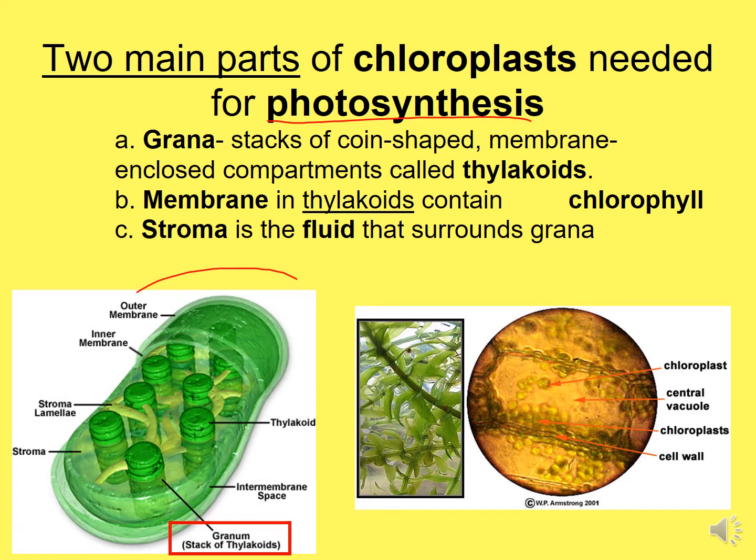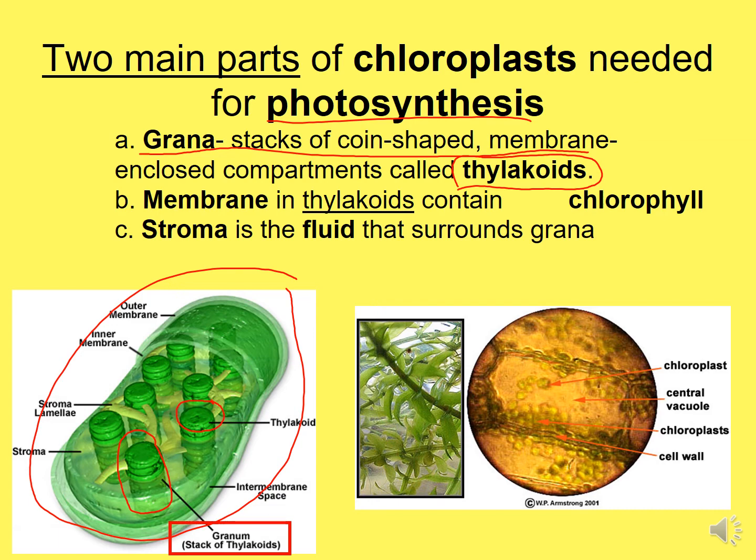So here is the chloroplast. One of the first things is the grana. Grana is what I call like stacked pancakes. Those are basically the thylakoids. So the whole stack is called granum, but the thylakoid is one of them.